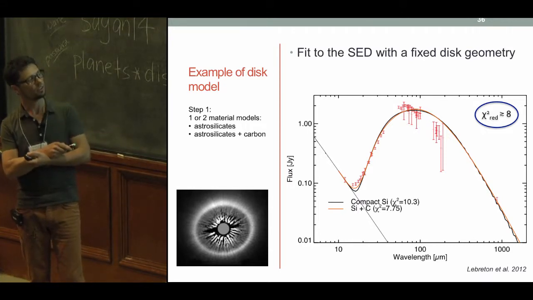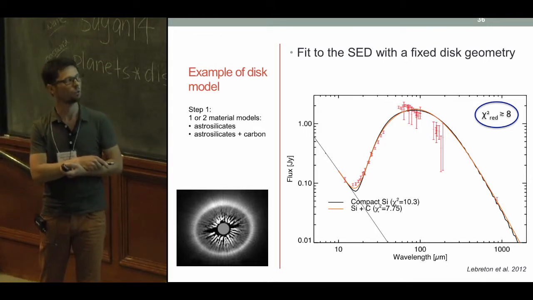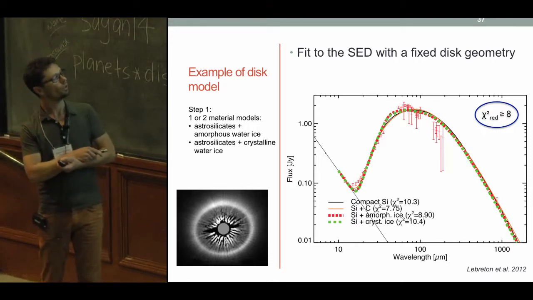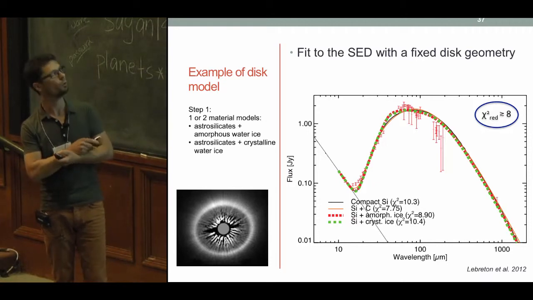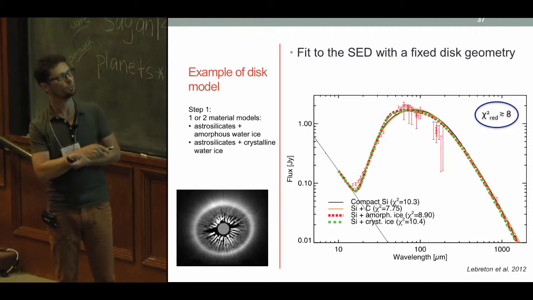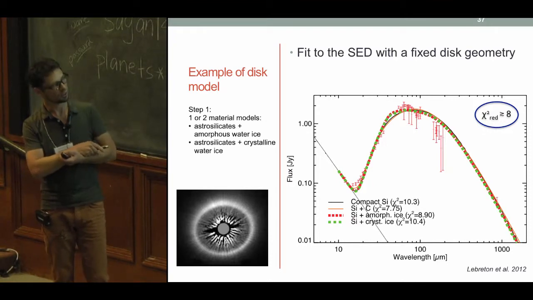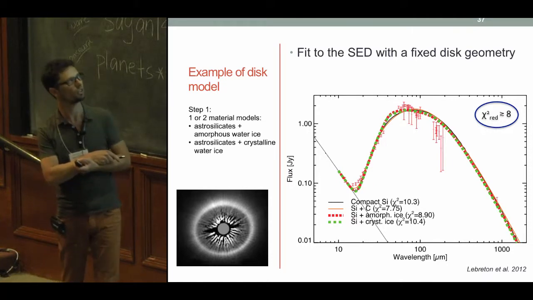And you see that it results in rather poor fits to the SED with very large chi-squares. If you consider different mixtures, still simple, silicates with some water, amorphous water ice, crystalline water ice, the chi-square does not really improve significantly. So you need to make your dust model more complicated to actually get a good fit to the SED.